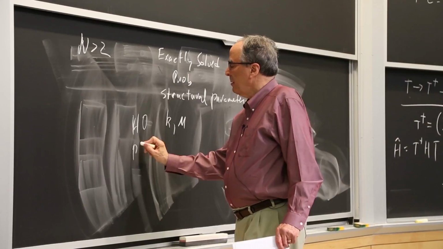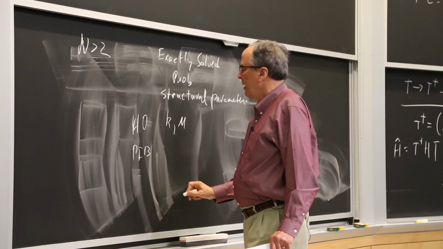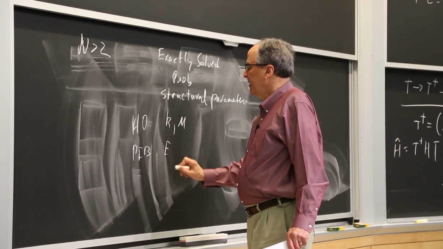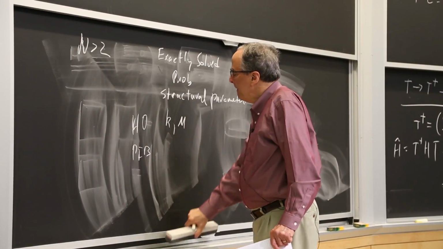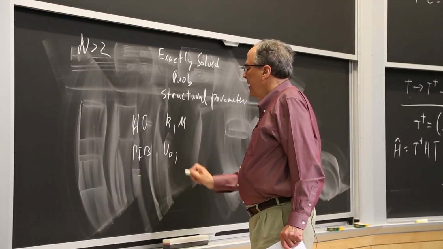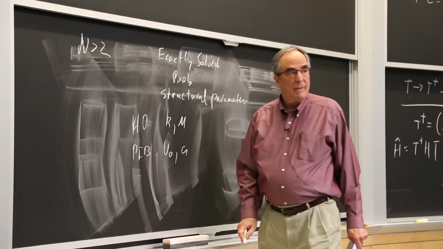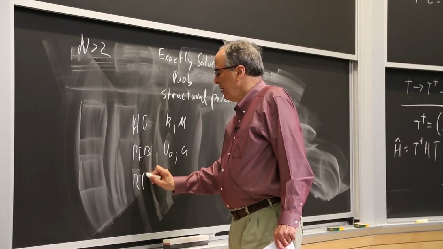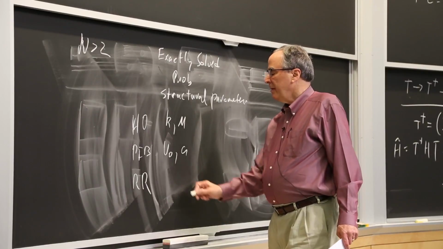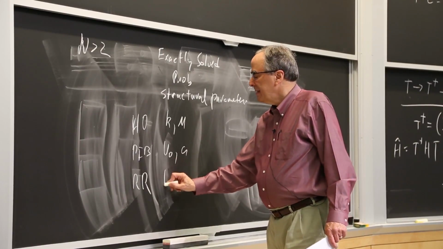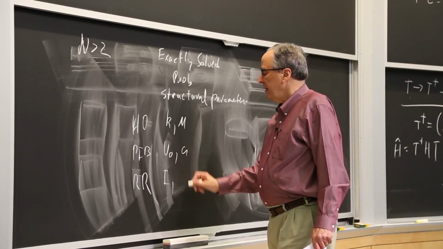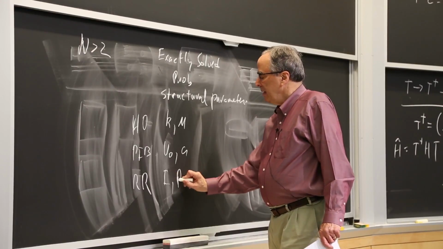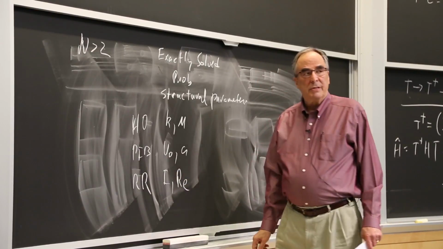For the particle in a box, we have the bottom of the box, V0, and we have the width of the box. For the rigid rotor, we're going to have the reduced mass, and we're going to have the internuclear distance.